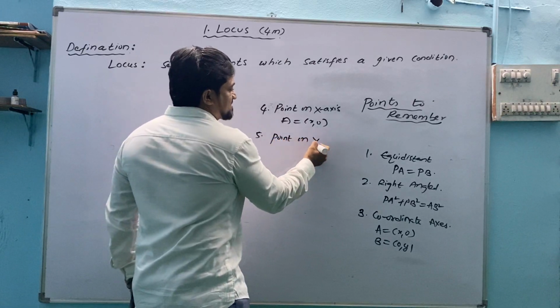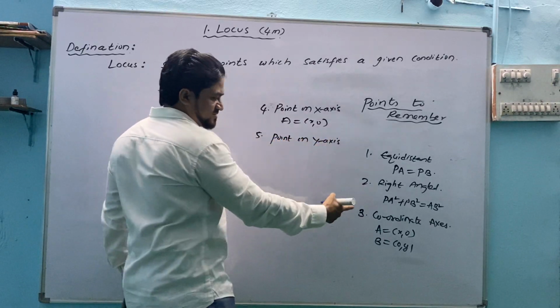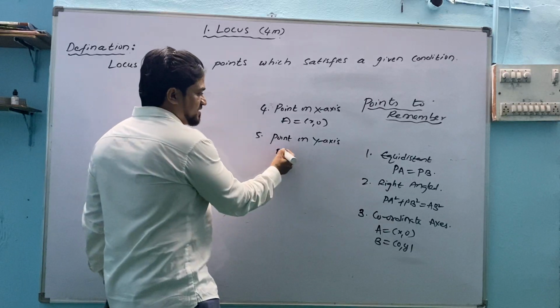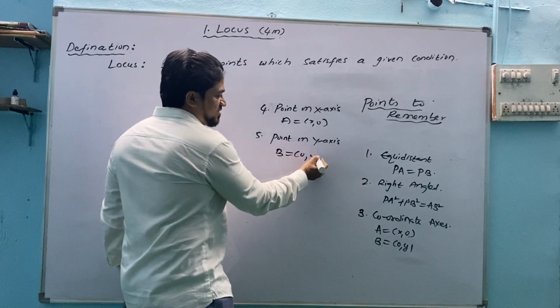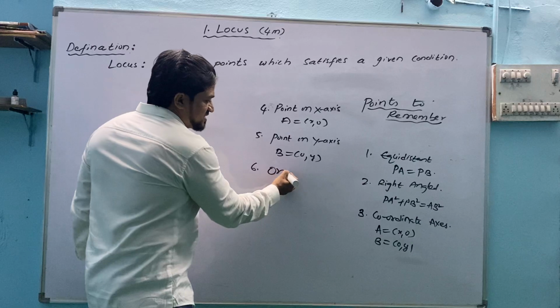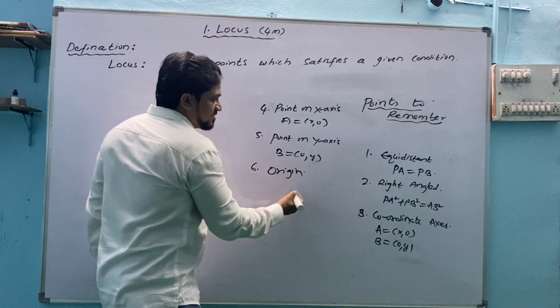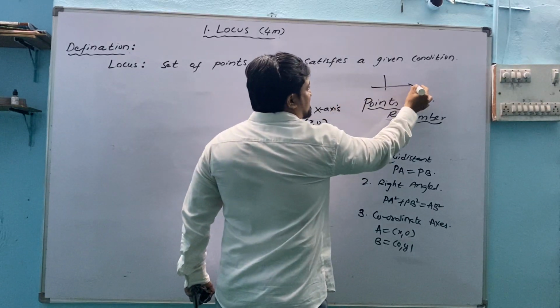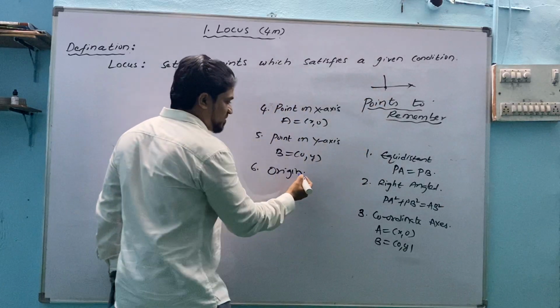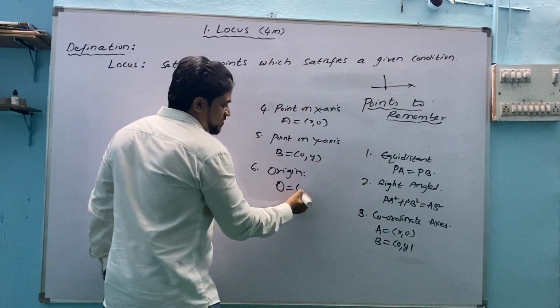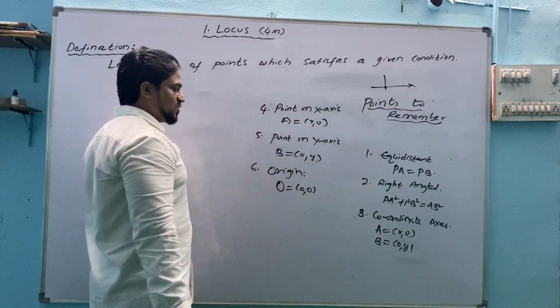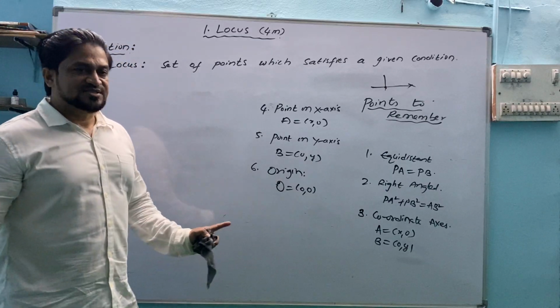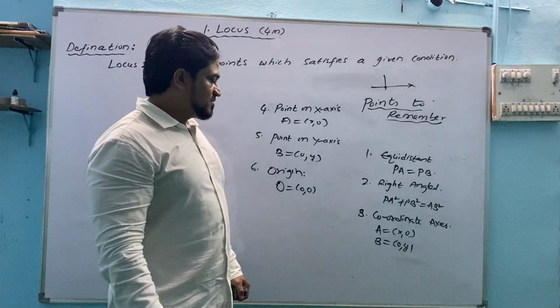Point on the y axis, B is 0 comma y. If origin is mentioned, origin means the point where x and y axis meet, O equals 0 comma 0. Okay. These are the 6 points which you need to remember.